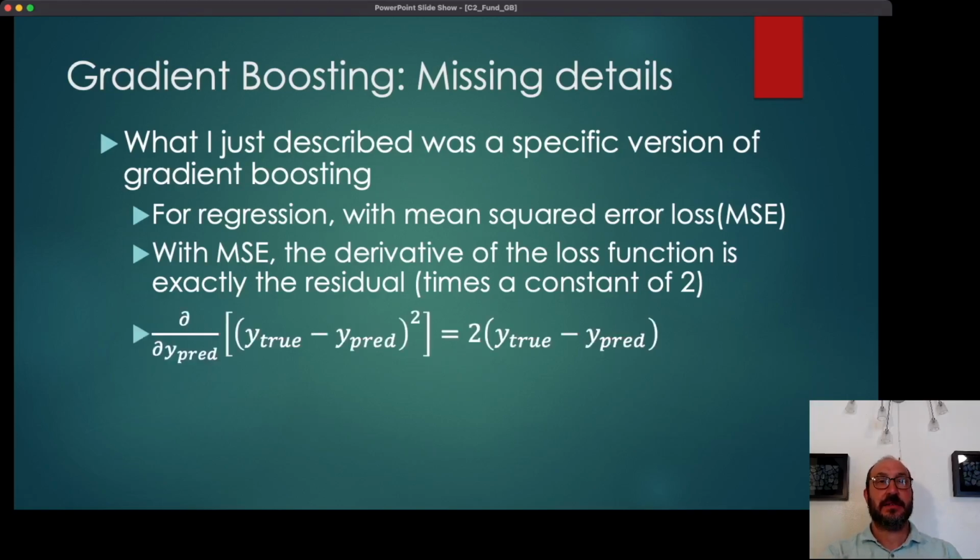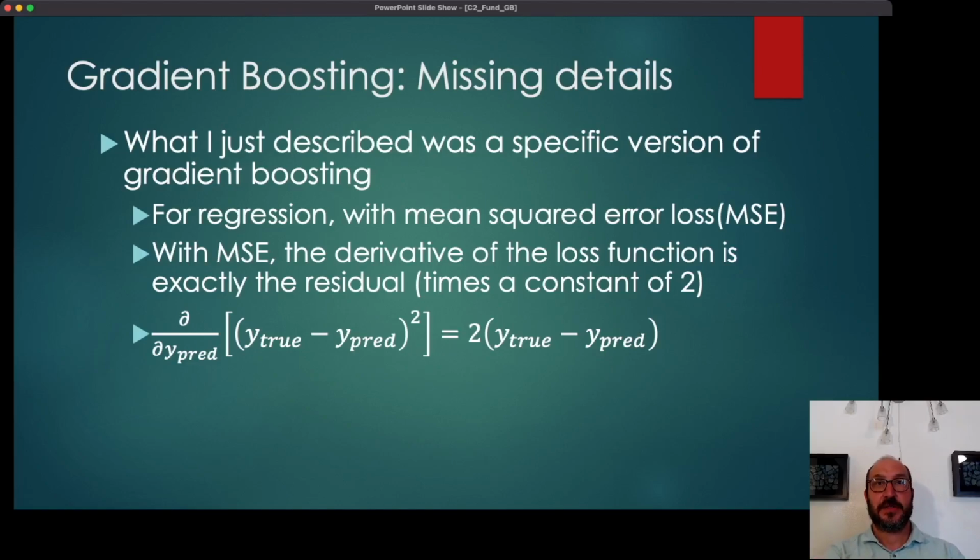So let's just see that. This might be one of the earliest partial derivatives we've ever done. I'm taking the derivative of the loss function. The mean squared error loss function is y true minus y pred, squared. And we're trying to say, how would our loss change as we vary our prediction? Should I have made my prediction bigger or smaller? What would happen to my loss?